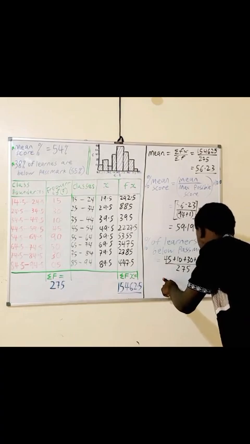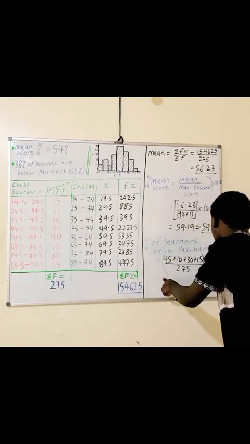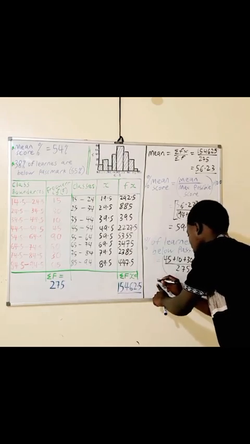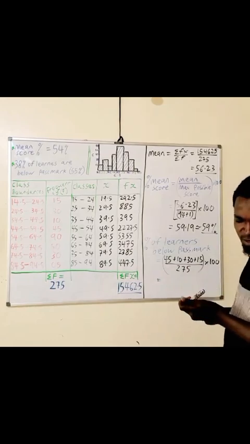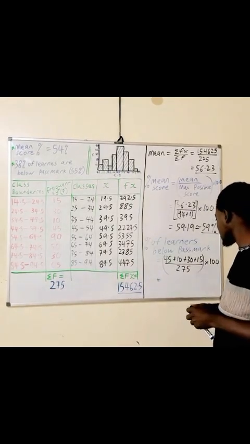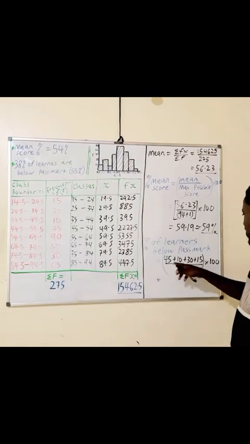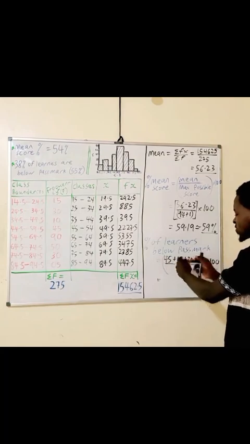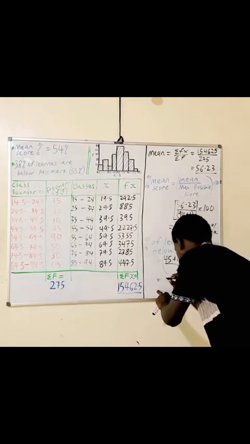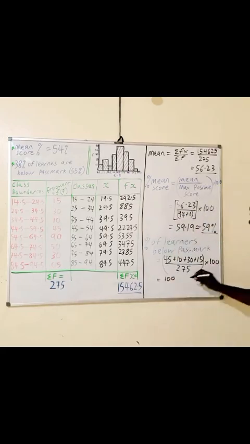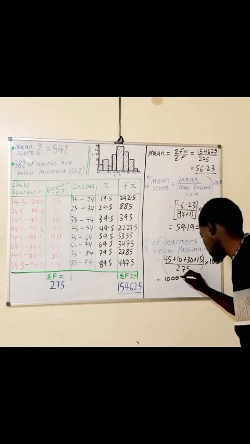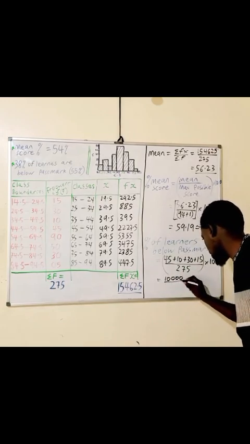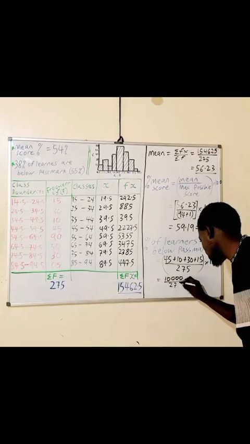Then I multiply it times 100. Let us first add this one. This plus this, it is 60. Then this is a 40, which means the total is 100. So I get 100. Then this 100 times 100, I get 10,000 over 275.